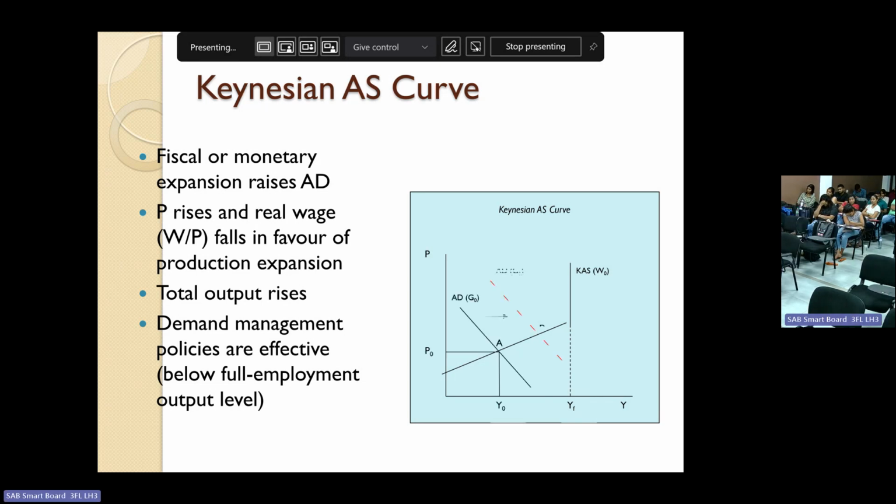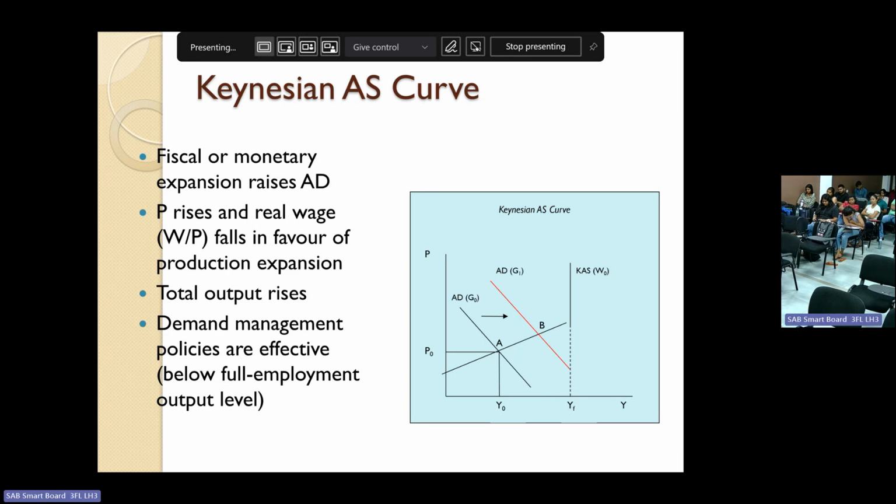Now, these points, A and B. By raising the aggregate demand through fiscal policy actions, there's a possibility to raise the income level and the employment level. But that can be done only until it reaches the full employment level. YF means full employment.